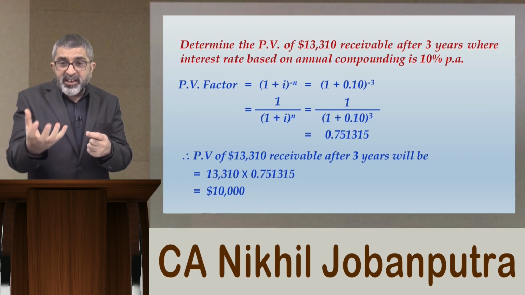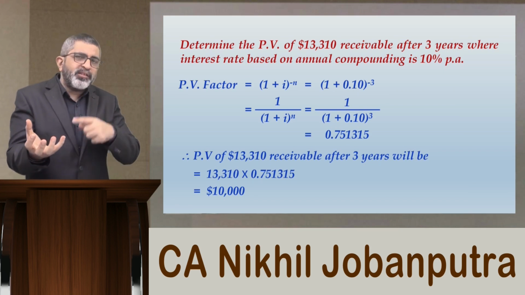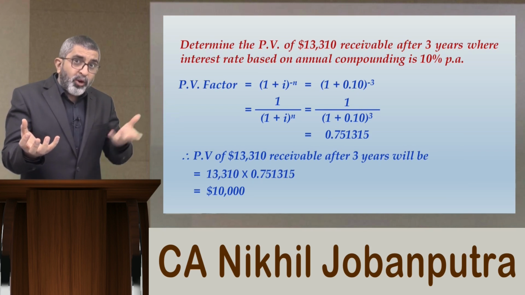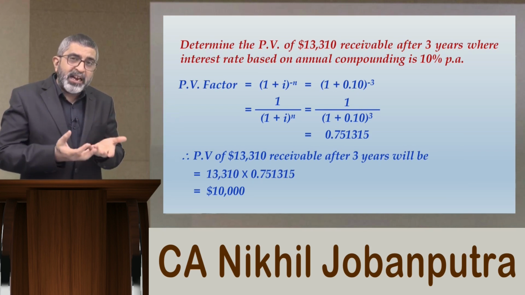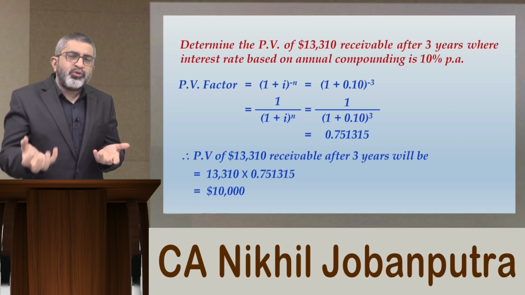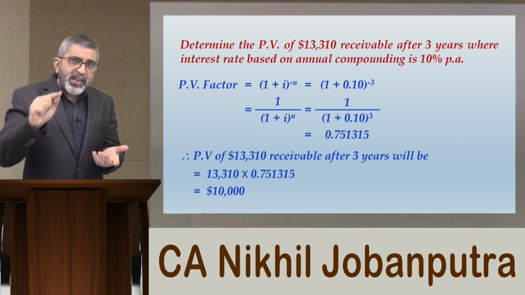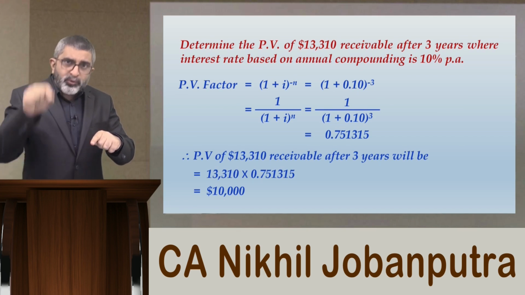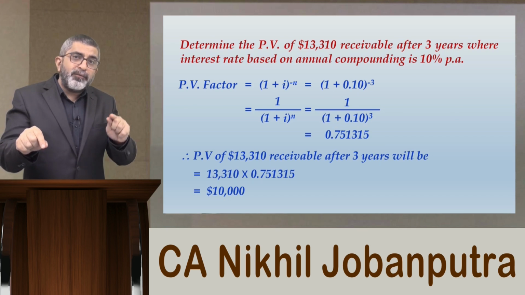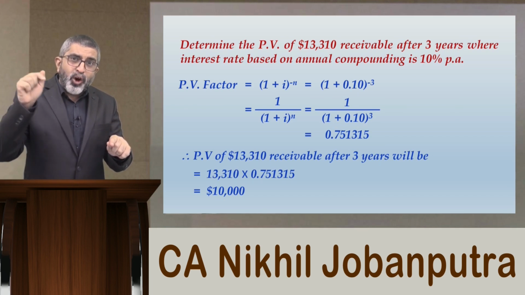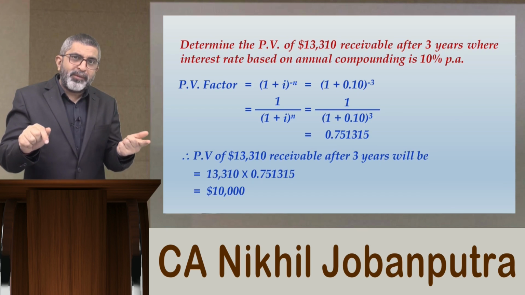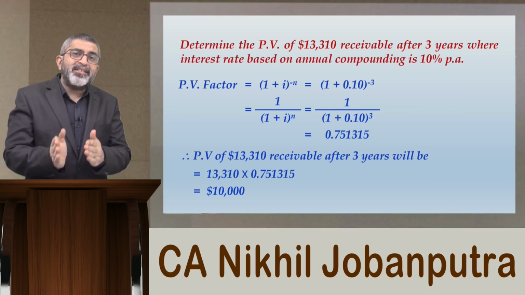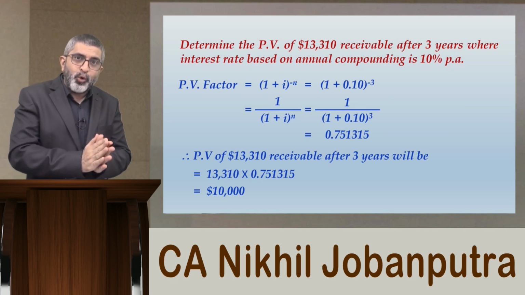That is why the present value of a cash flow, because I am identifying that future value as a cash flow, because after 3 years I am going to receive that amount. That is a future cash flow for me. That future cash flow, when you compute its present value, the present value is always going to be smaller than the future value. If the present value is always going to be smaller than the future value, we can call present value of a cash flow as discounted cash flow.